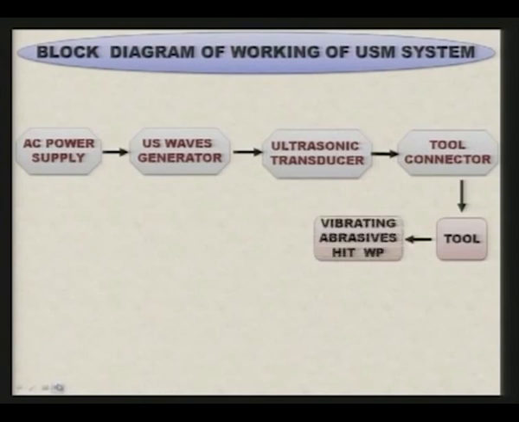Because ultrasonic vibrations are generated, this tool vibrates at ultrasonic frequency. As I will show you in the figure, there is a vibrating tool, there is a workpiece, and in between the two there is a slurry, and this slurry consists of liquid as well as abrasive particles.